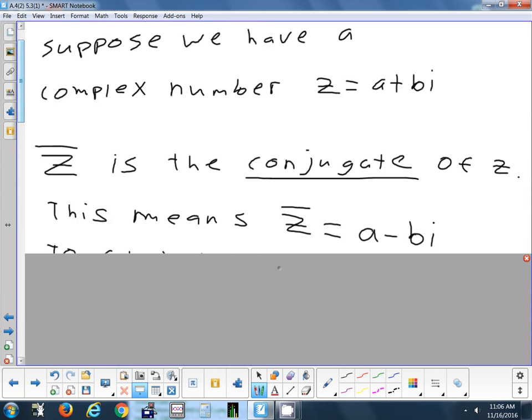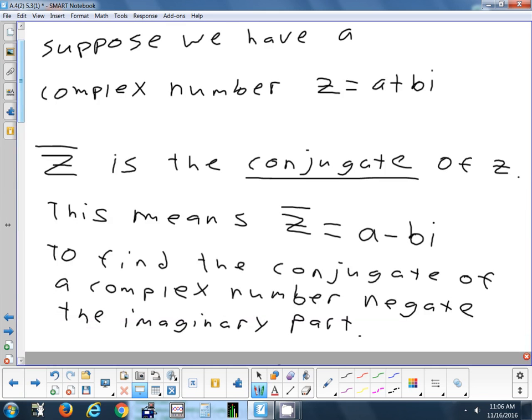All right, so now I want to find what happens when you multiply two conjugates together. I want to take 3 minus 4i and multiply by its conjugate, 3 plus 4i. Something different is going to happen here.